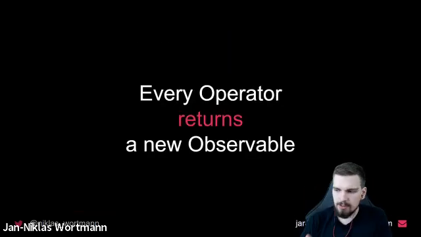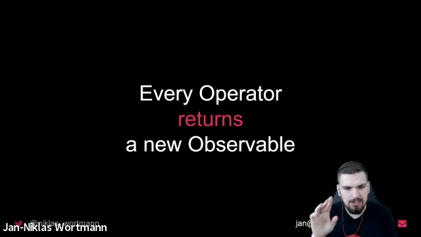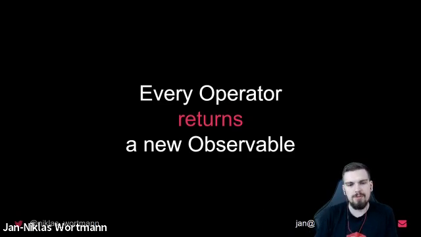I want to talk about this statement a little bit more in detail, because there's some kind of gotcha in there. So every operator returns a new observable, right? That's what the typing says. We saw that in the operator function, it returns a new observable.